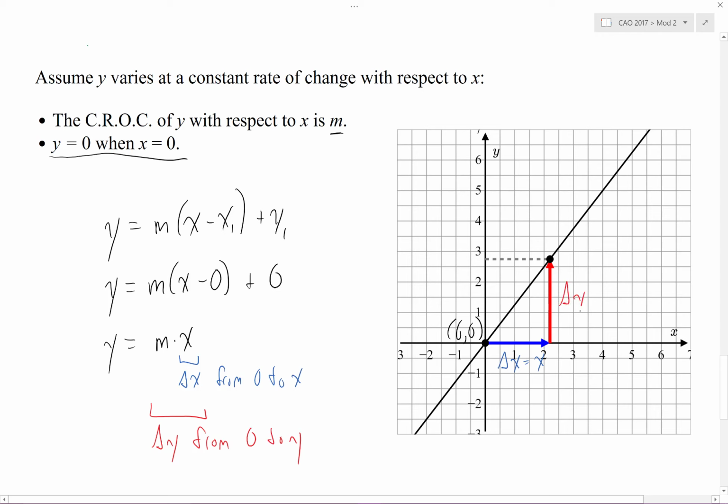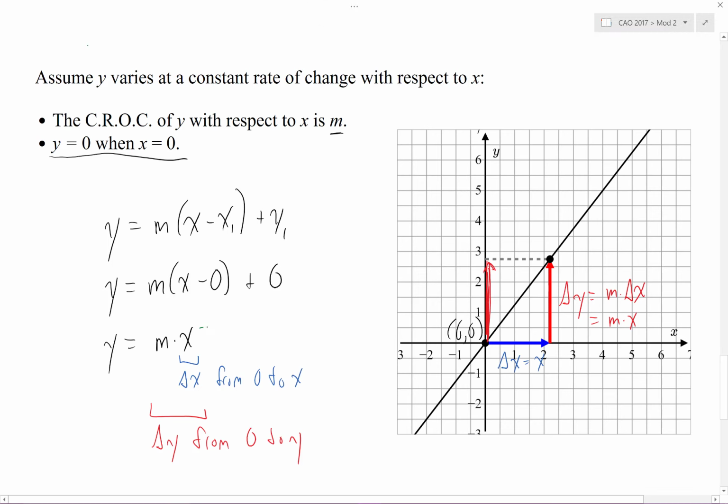So this change in y is equal to m times delta x, and delta x is just equal to x. Now our reference value of y is 0, so the new value of y is equal to the change in y. So the change in y and the new value of y are equal. And therefore, y is just equal to the change in y, which is equal to m times x.